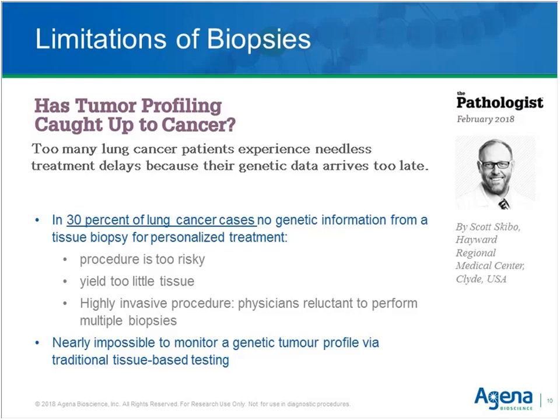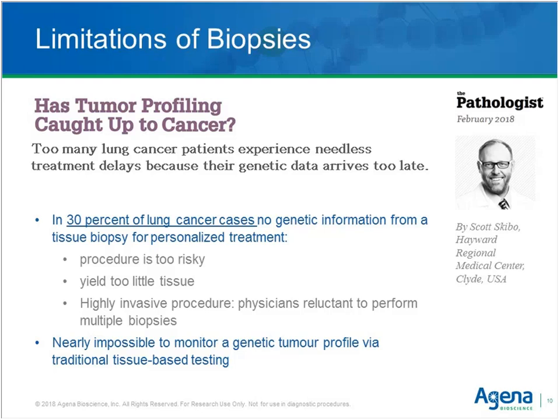Furthermore, in 30% of lung cancer cases, no genetic information from a tissue biopsy can be achieved, either because the procedure is too risky to do, or because the tissue biopsy provides too little material.